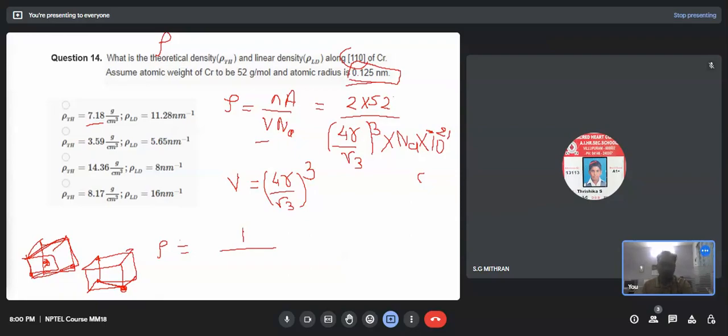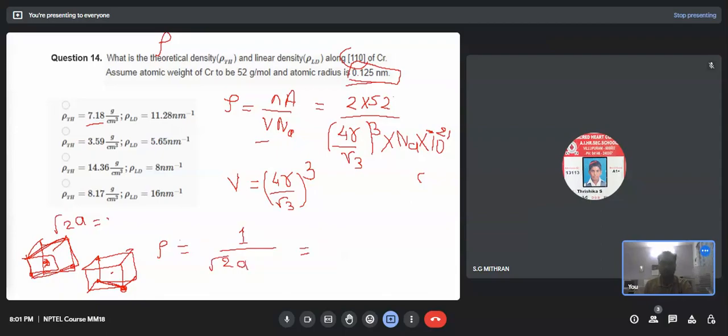And the length will be, since the vector is around root 2a, it will be root 2a.